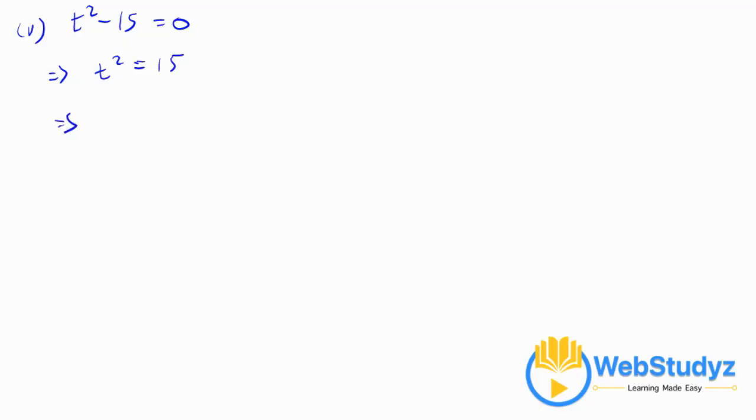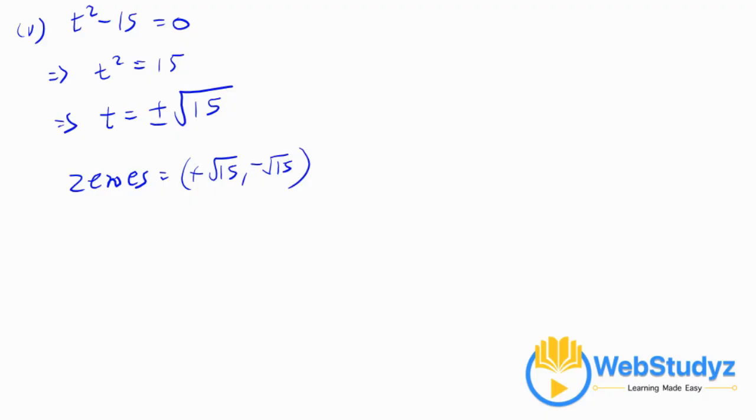So from here we get 2 roots of t as plus minus under root 15. So the zeros are plus root 15 and minus root 15.